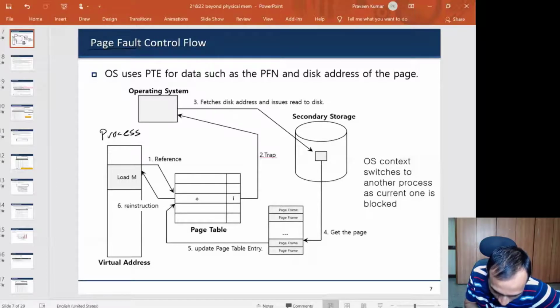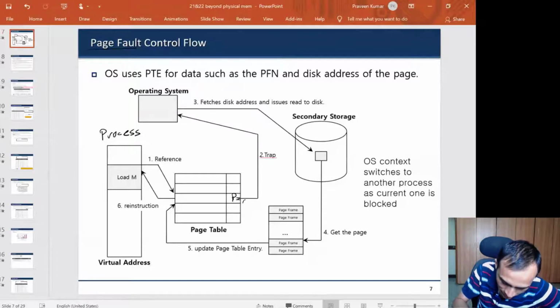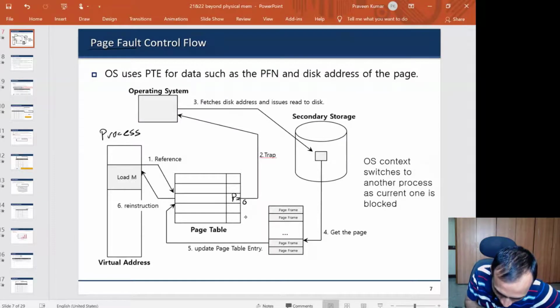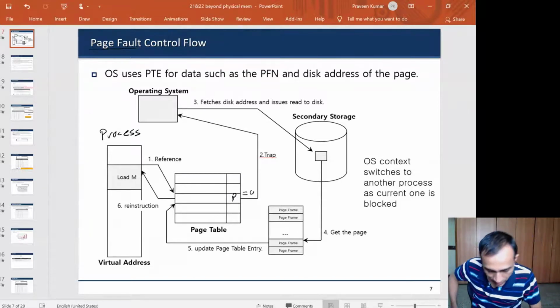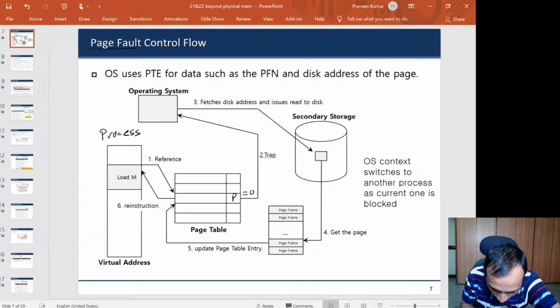If it finds that the present bit was 0 for that page, that means that page was not in RAM, so it cannot be accessed from RAM. This diagram I've taken from a different book, so the variable names may be different.